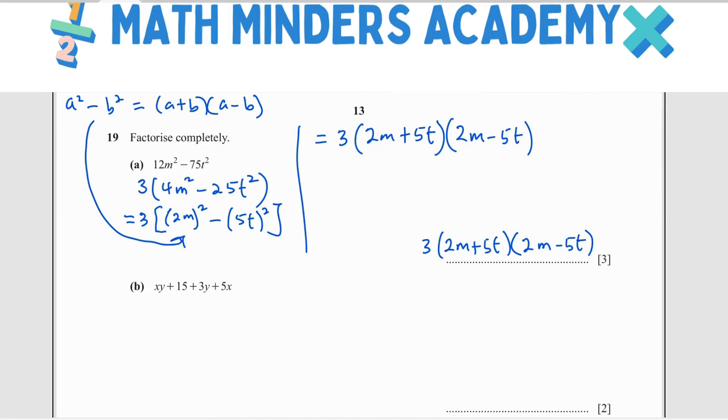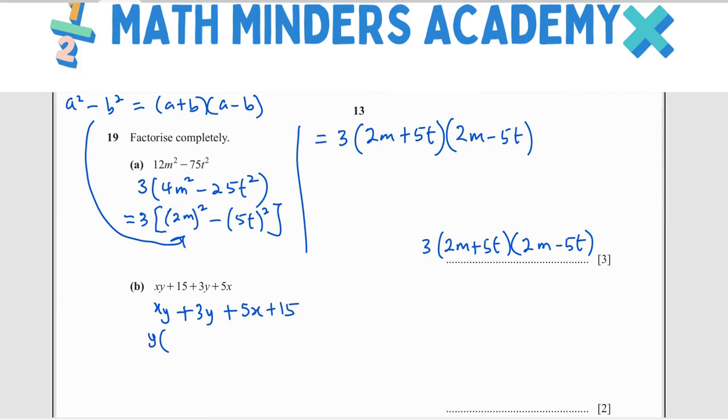So now here, let's regroup this. So we can have 5y plus 3y, okay? Now let's have 5x plus 15. So here y is common.